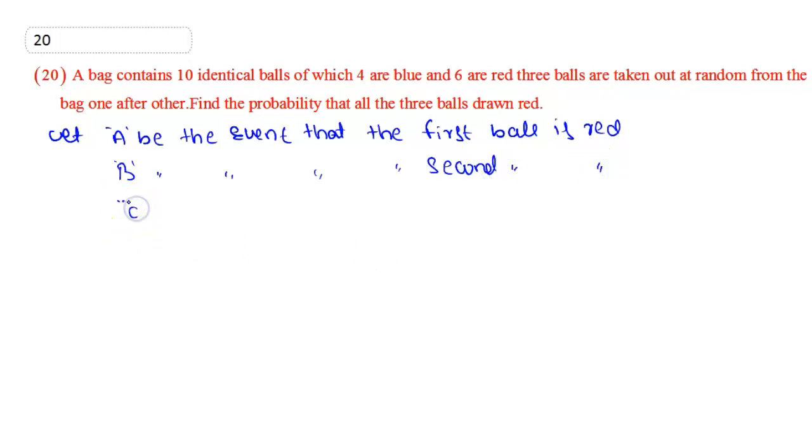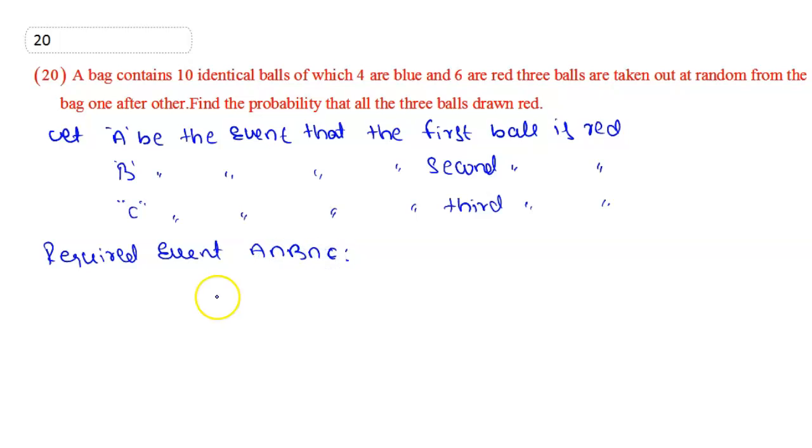And C be the event that the third ball is red. Okay, so here the required event is A intersection B intersection C.